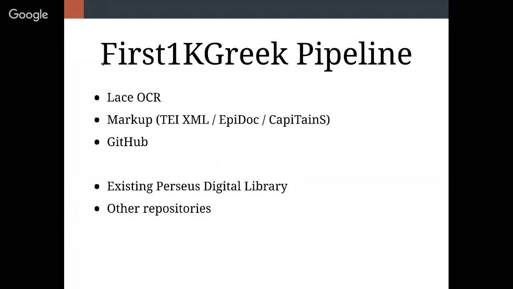So it doesn't have to be done as an official part of the Open Greek and Latin project. In fact, there are a number of repositories that other people produced independently that, because they met the requirements, it was very easy for us to just point to and have them appear. And again, that comes back to that important motivation at the start of making it really easy to add new texts.